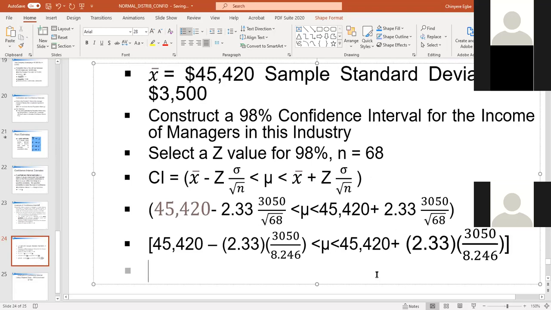Can somebody help us? 45,420 minus 61.79 percent.